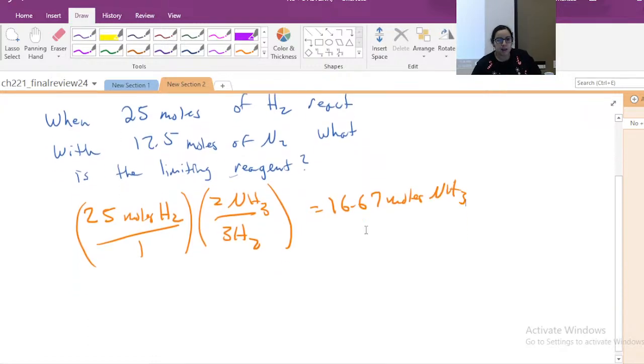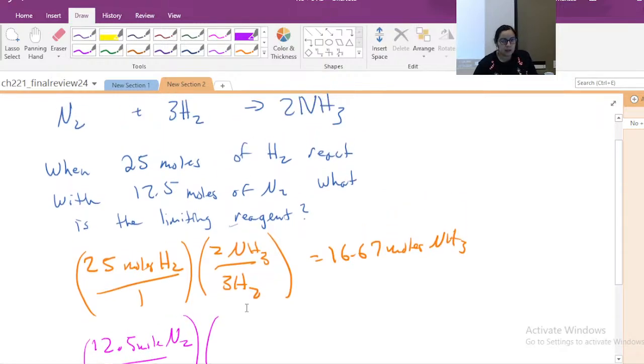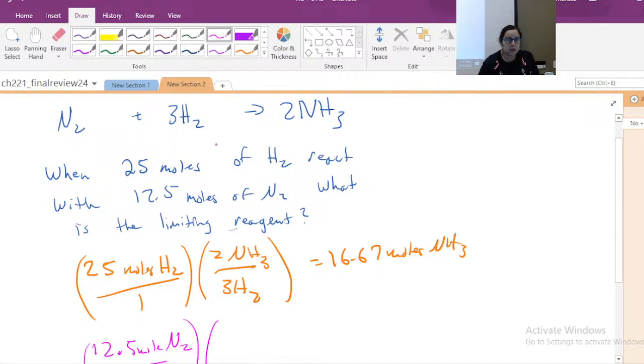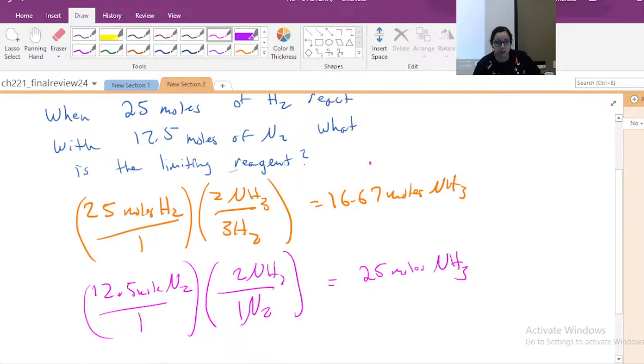And then repeat that with nitrogen. So then we said, okay, 12.5 moles of nitrogen, and now they're a 1 to 2 ratio. So that gives me 25 moles, so reaching the same conclusion that H2 was the limiting reagent.